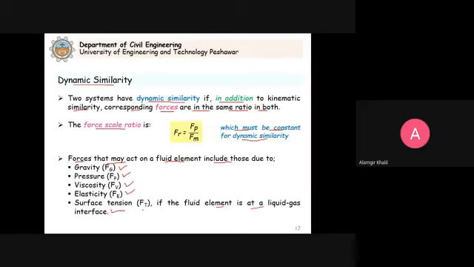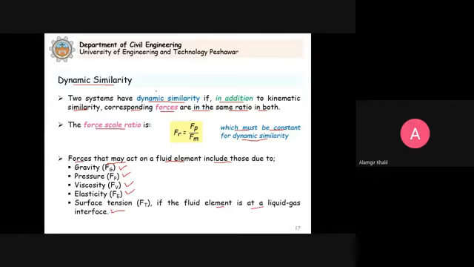You already studied elasticity, bulk modulus of elasticity, and surface tension in your fluid mechanics 1 course. So remember, these are the commonly encountered forces. There may be other forces. So we discuss them, but there can be other forces. Clear?